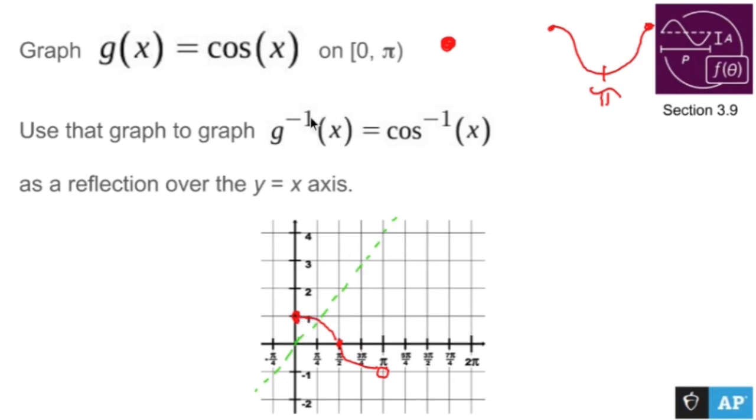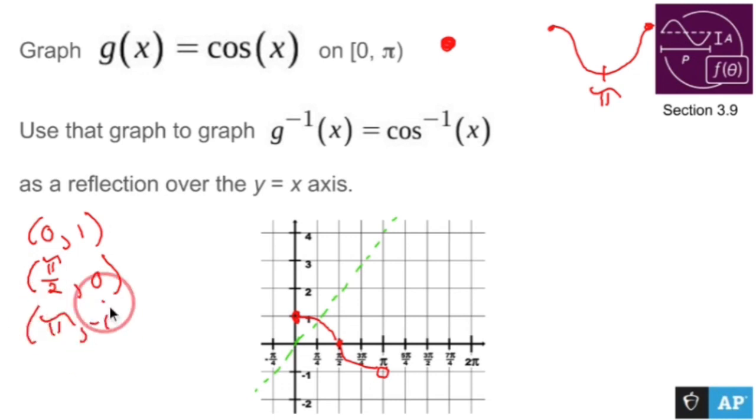Now, when you take the regular problem and turn it into the inverse, you flip the coordinates. So my 3 points that I noticed from the original problem were 0, 1, pi over 2, 0, and pi, -1.